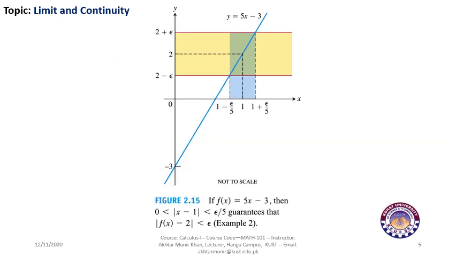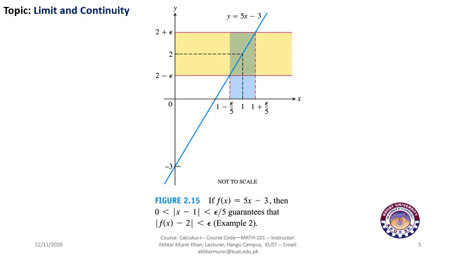So we are given a function. Suppose the function is f of x equal to 5x minus 3. If we find the limit at x equal to 1, then the limit is 2 because we will place 1 over here.